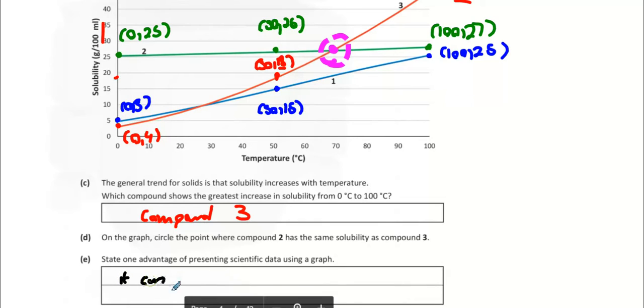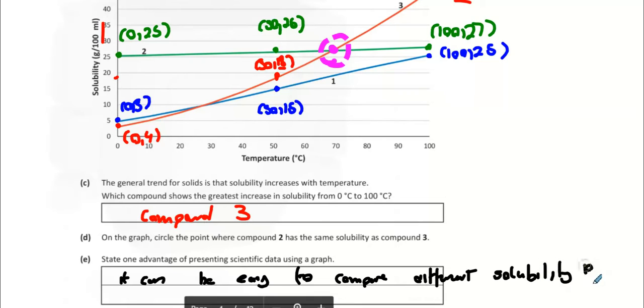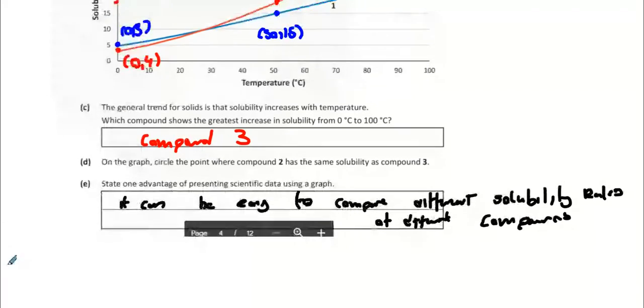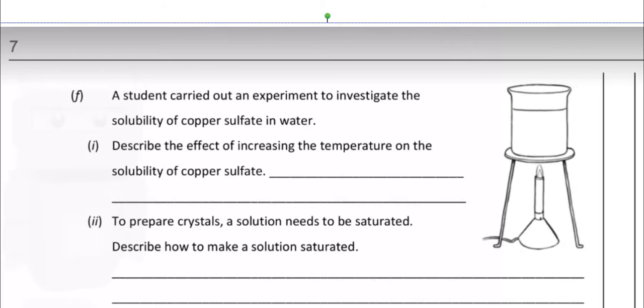It can be easy to compare different solubility rates of different compounds. So the graph helps us to compare the different solubility rates of different compounds. Okay, and that's us done with that one.